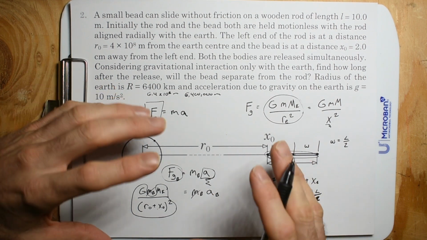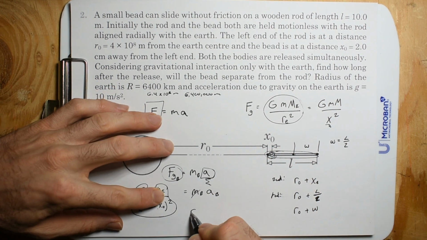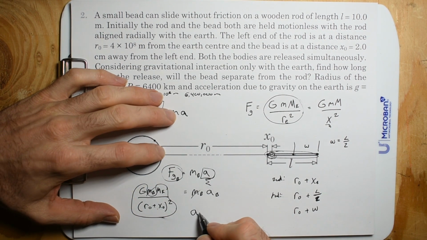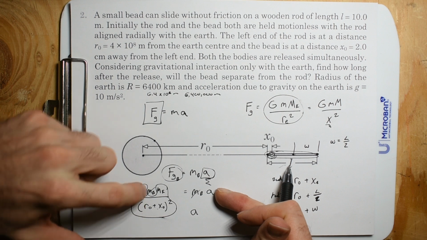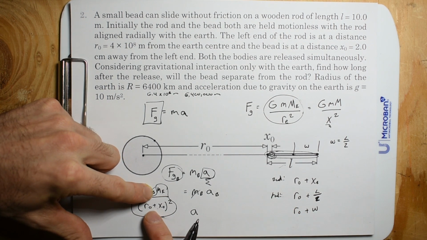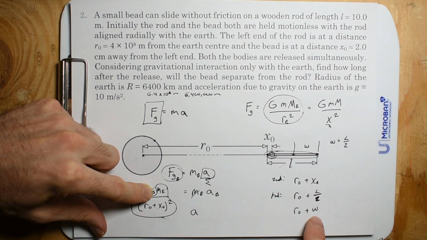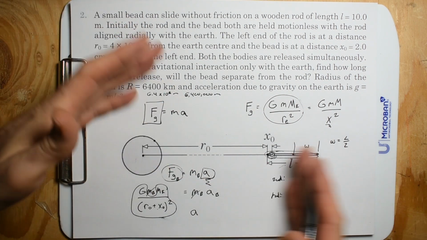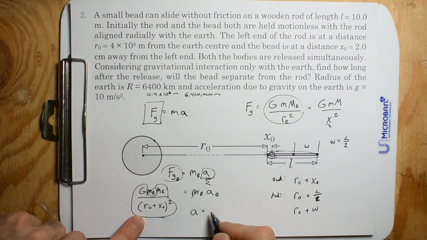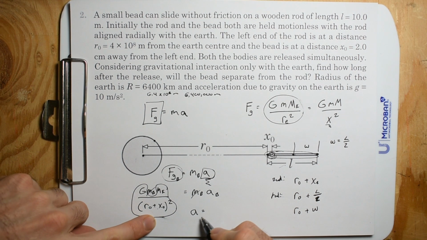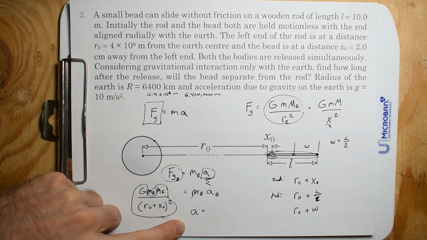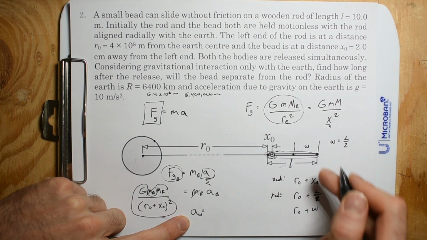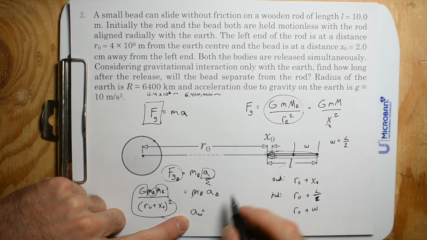We can do that same process for the acceleration of the rod. I'll just say acceleration of the rod over here, mass of the rod, but the distance is going to be r naught plus w squared. And then the mass of the rod would drop out. So I'm just going to save pen strokes and say the acceleration of the rod, and I'm just going to say the rod is w now, because this is the length that I'm attributing to the center of the rod, w.